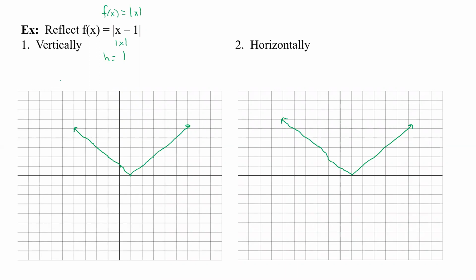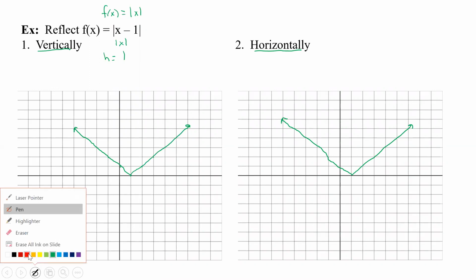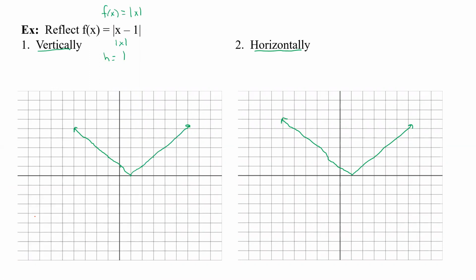And now what we want to do is reflect it vertically, and this one we want to reflect horizontally. So we can change maybe to red here. Well, vertically means what's up here is going to go down here, and what's over here is going to go down over here. And so basically now this one gets reflected to here, 2 gets reflected down here, that gets reflected here. This one stays the same. This one gets reflected here, here, here.